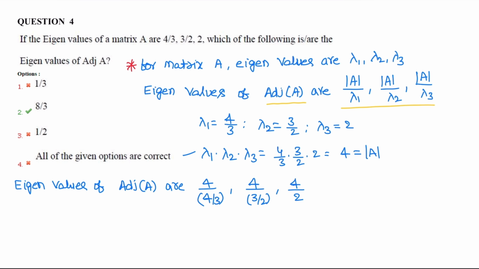Now the eigenvalues are 3, 8 by 3, comma 2. 3, 8 by 3, 2 are the eigenvalues of adjoint A. So among the given options, option 2 is correct.